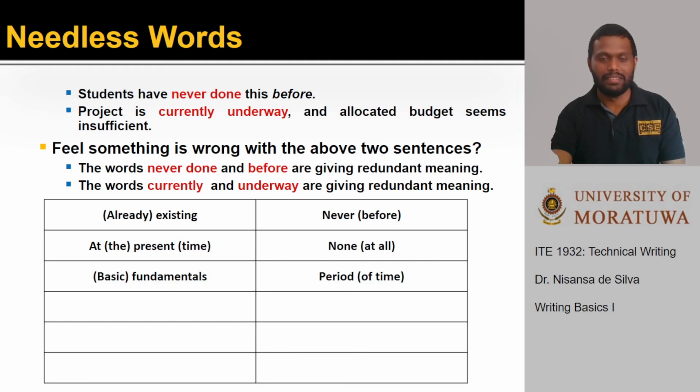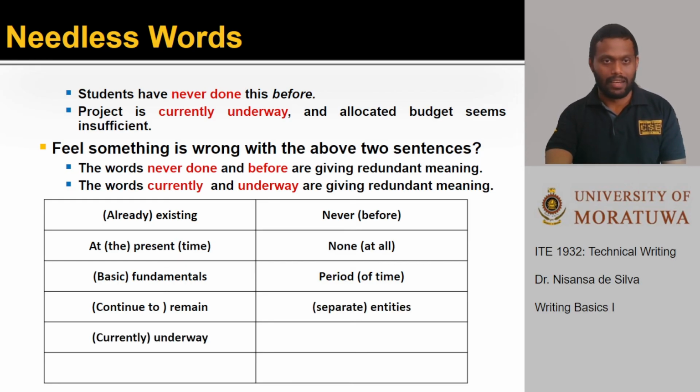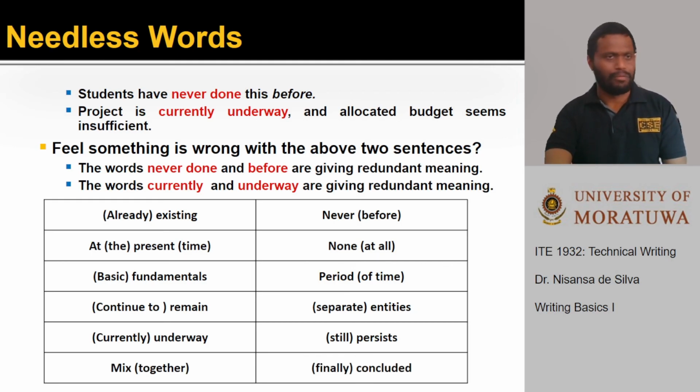It's fundamental, period of time, continue to remain, separate entities, currently underway, still persists, mixed together, finally concluded. All the words in parentheses are not needed. The same information is carried if you use only the words that are outside the parentheses.